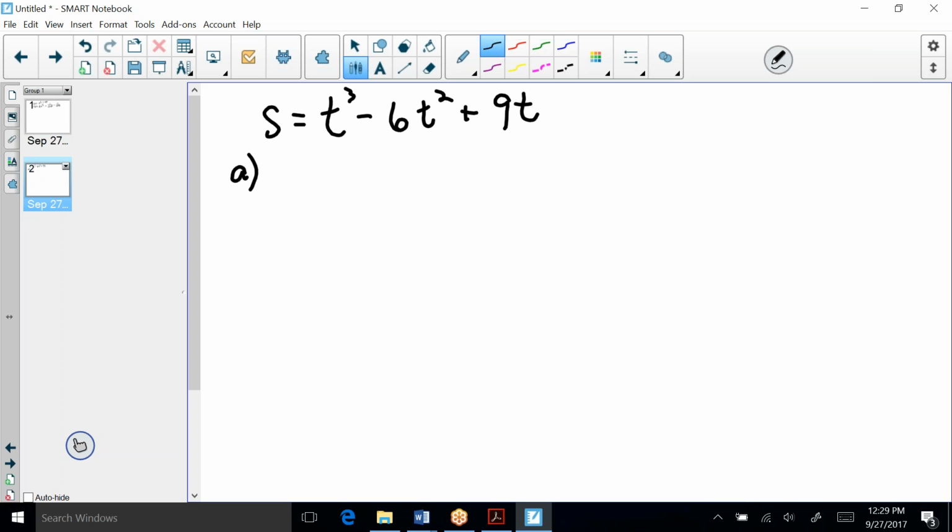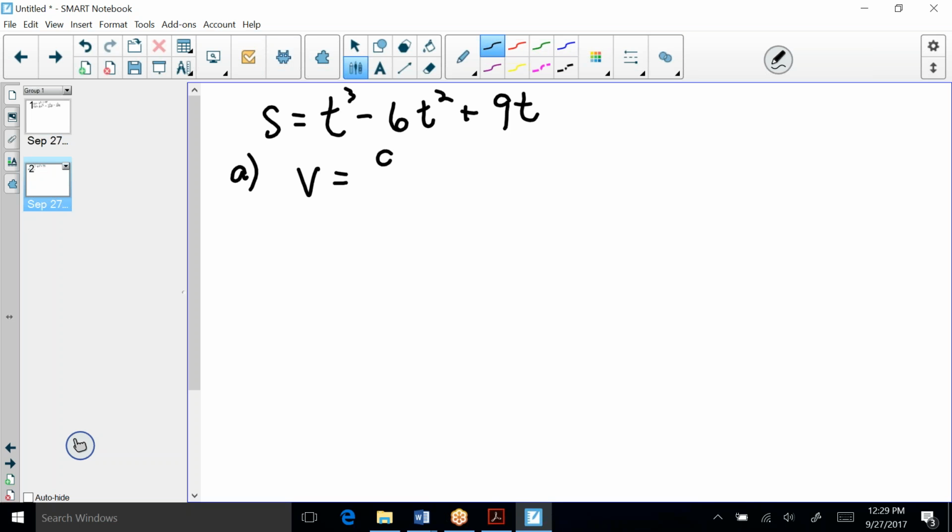So we have to find the body's acceleration each time the velocity is 0. How are we going to find acceleration? Derivative, right? What do we have to find before we find the acceleration? Velocity. Let's find the velocity first, because this is saying each time the velocity is 0. Velocity is the first derivative.